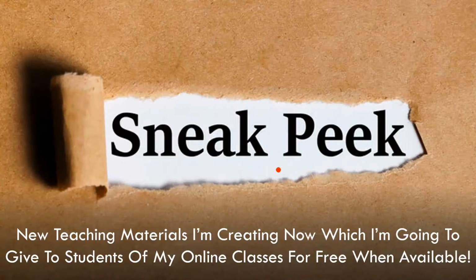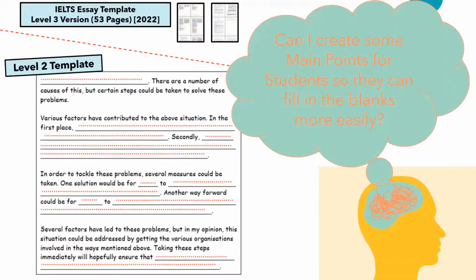So I showed this to you just now. Level 2 templates, right? And of course, this is from 2014, I think. And that's an old version. But level 3 is the 53 pages from 2022.